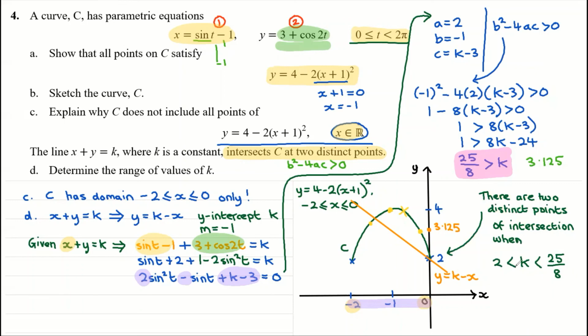And that's from the graph. That's why they ask you to sketch the curve first.